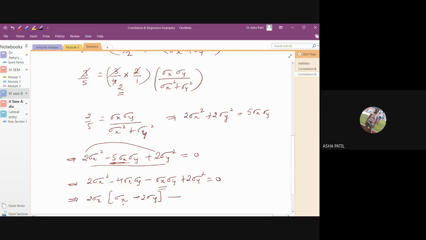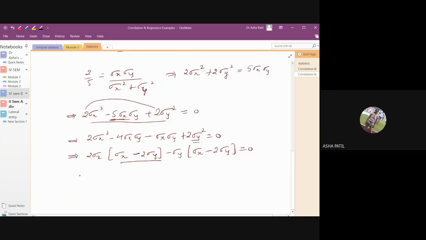In the bracket you again have to get sigma x minus 2 sigma y, so we should have this term inside with plus sign. So let us take minus sigma y outside. Sigma x minus 2 sigma y is inside, so we'll get minus sigma y times (sigma x minus 2 sigma y). It is equal to 0.